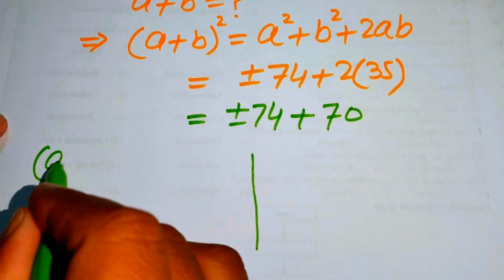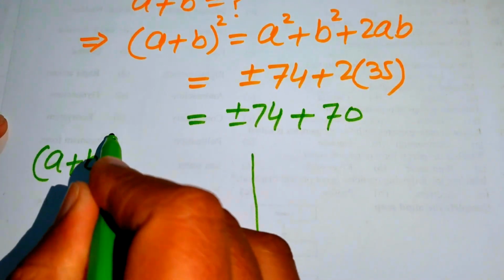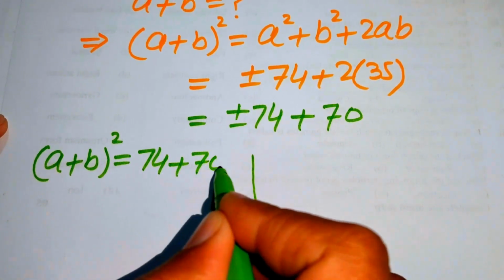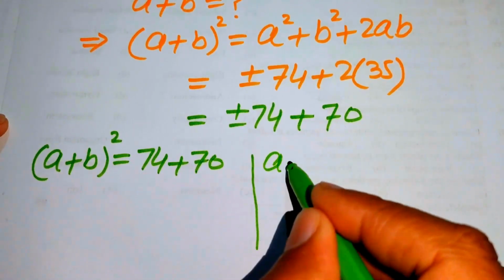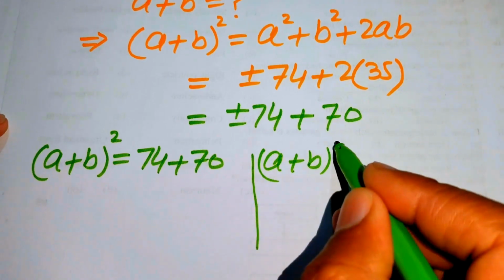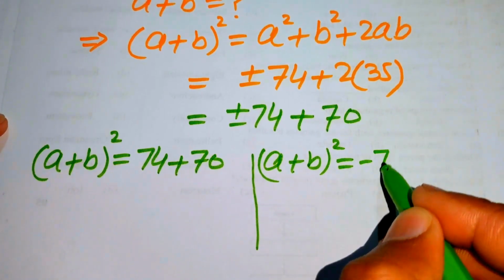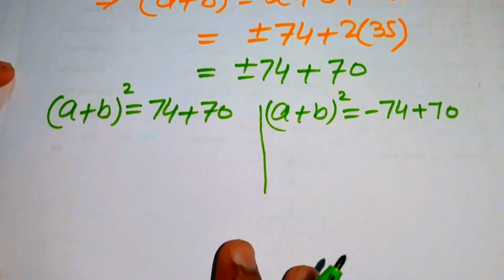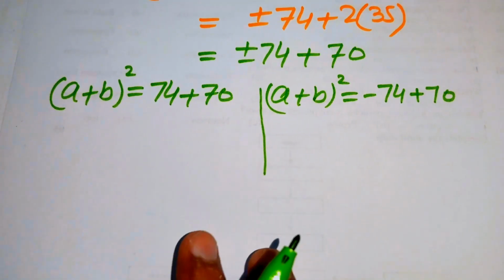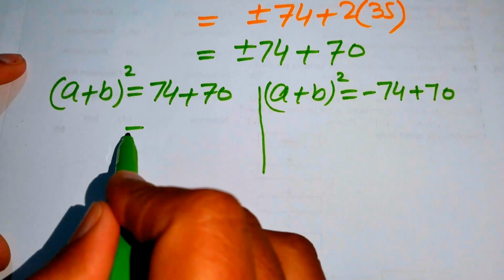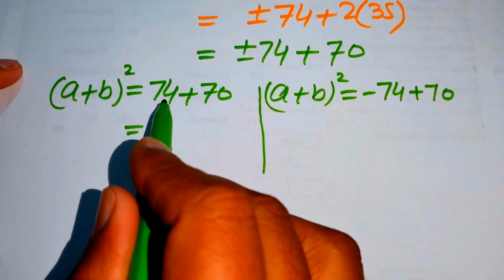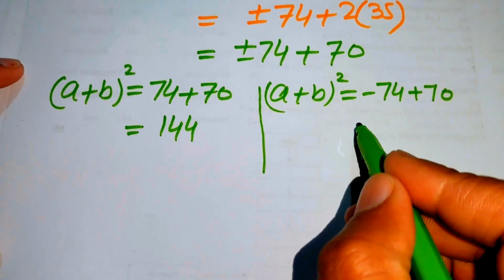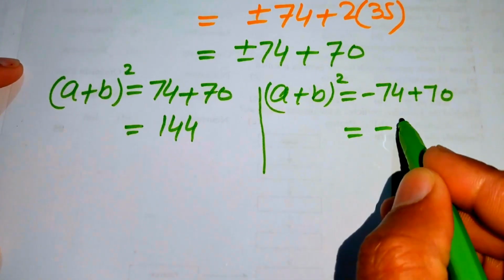We write (a + b)² = 74 + 70 in the first case, and in this case we have (a + b)² = −74 + 70. Here we add these two values and get 74 + 70 equals 144, and in this case we have −4.